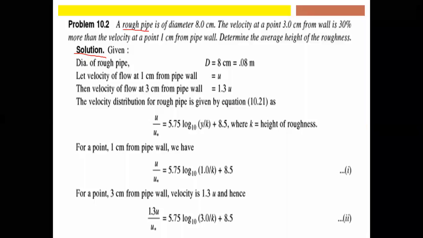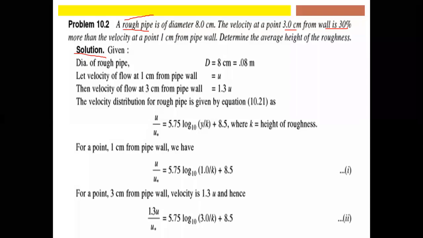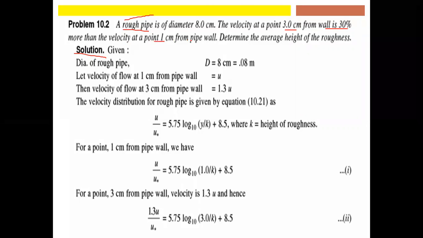Here the pipe given is a rough pipe of diameter 8 centimeters. The velocity at a point 3 centimeters from the wall is 30% more than the velocity at a point 1 centimeter from the pipe wall. Determine the average height of the roughness.